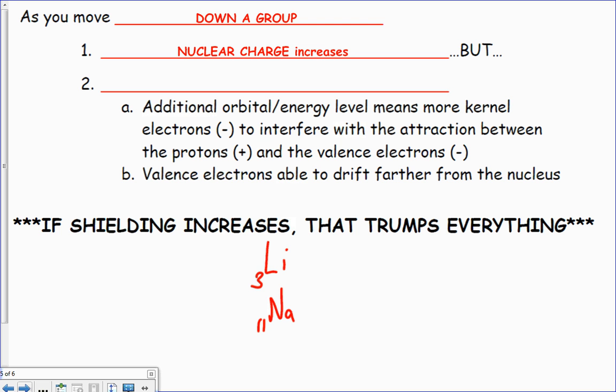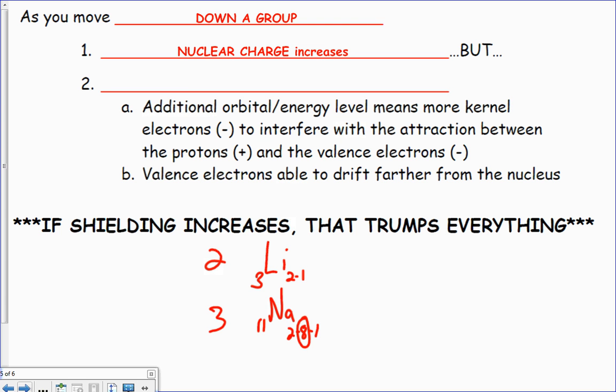So I'm not going up by 1 anymore. But as I go down, I have an electron configuration here of 2, 1, and here I have 2, 8, 1. So what have I actually added? I've added a bunch of protons, but in this case, I've added this extra shell. So this, of course, is in period 2, and this is in period 3.